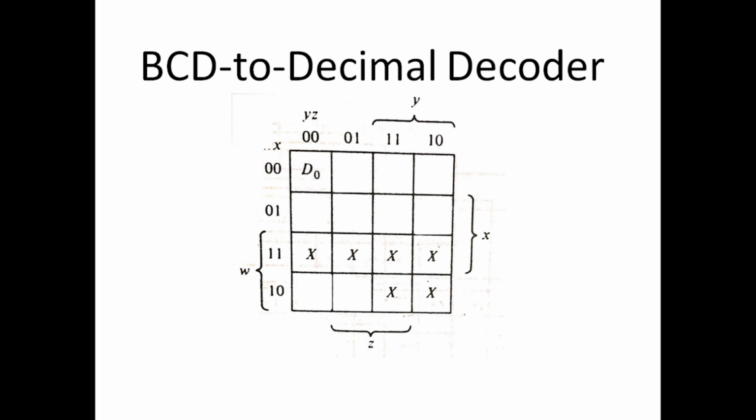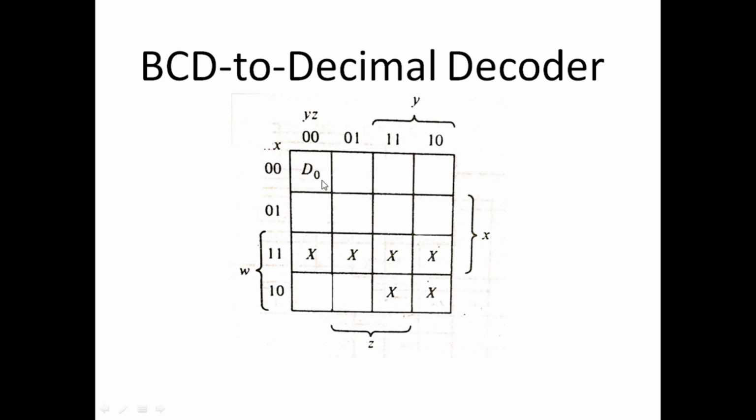These input combinations will not occur because in the BCD to decimal decoder, the BCD is a 4-bit code, so the first 10 combinations of the 4-bit code are used, but input combinations equal to 10 and above are not used, so there are don't care conditions. And the minterms corresponding to those input combinations are don't care, and they are represented with X, as we already know.